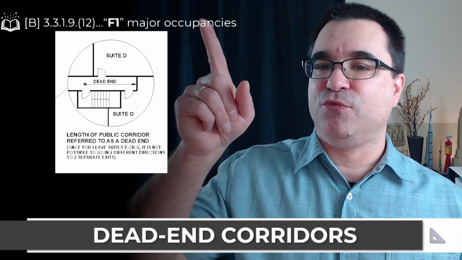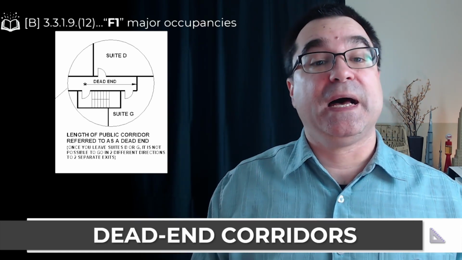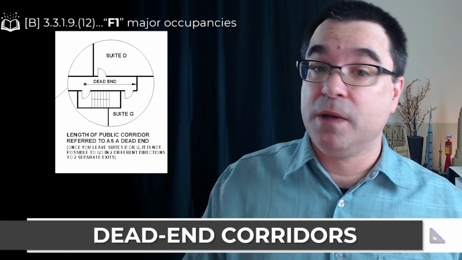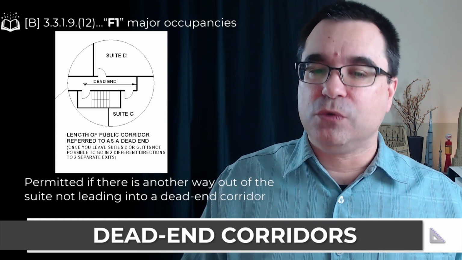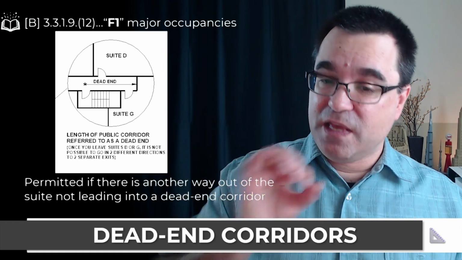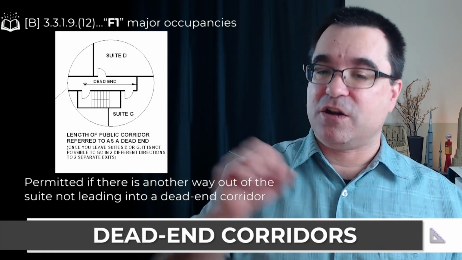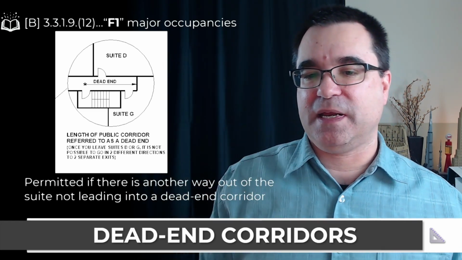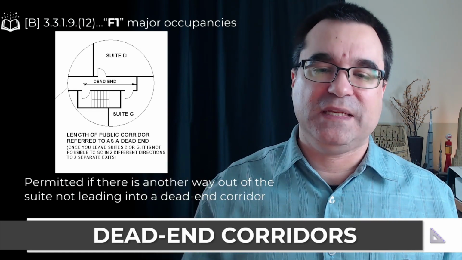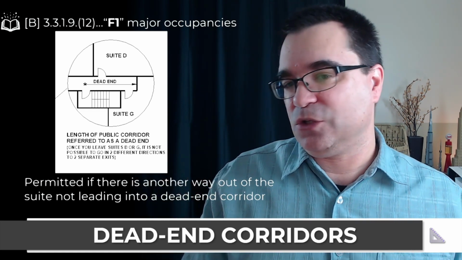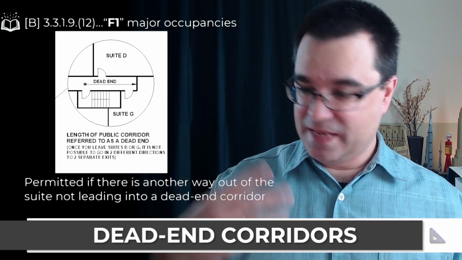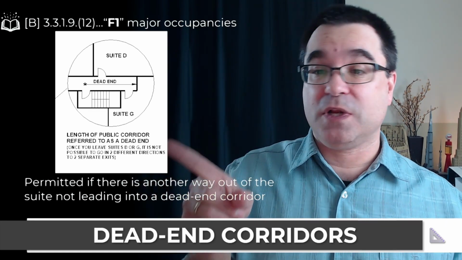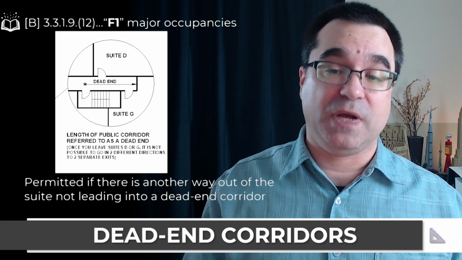Finally, F1 major occupancies, under sentence 3.3.1.912: dead-end corridors are only allowed if there is another way out of that suite that's affected by the dead-end corridor that does not lead into the dead-end corridor, okay? So it has to be some kind of separate egress or exit in each one of those suites that does not use that public corridor.